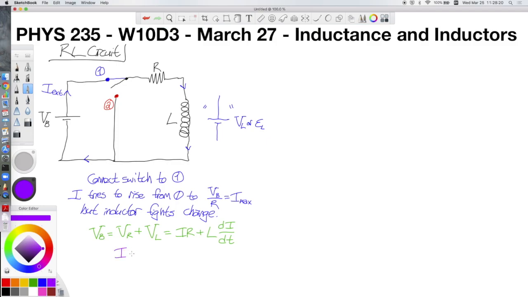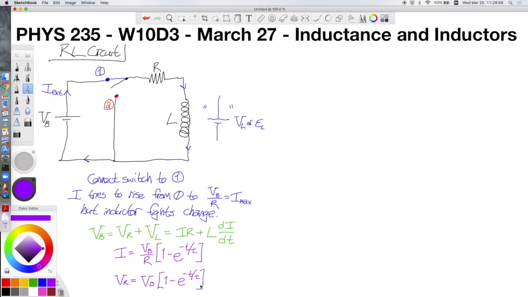So the current in the circuit will be equal to VB over R, or I max, times 1 minus e to the negative t over tau. And the voltage across the resistor will be the current through the circuit times the resistance. So this will just be the battery voltage times 1 minus e to the negative t over our time constant tau, which I'll talk about in just a little second.